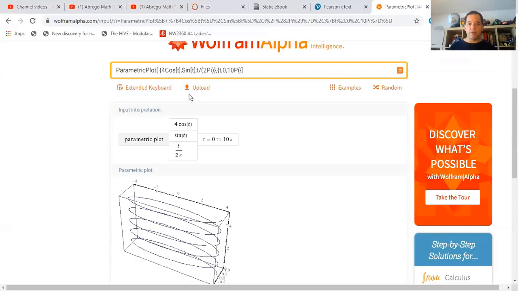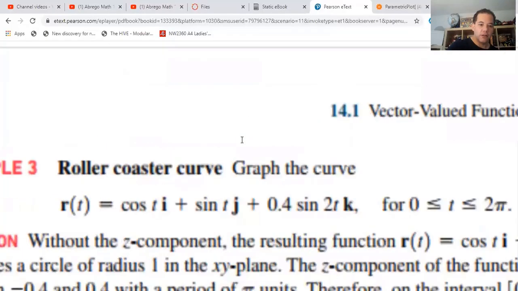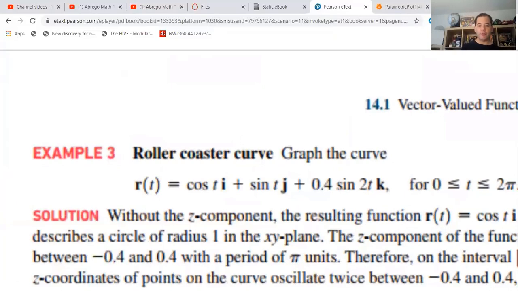Let's go back to the book. Whoops, what did I do? All right, so here's our next exercise, example 3. This time we want to graph this curve. And they're already sort of giving us a little bit of a hint of what this is going to look like.